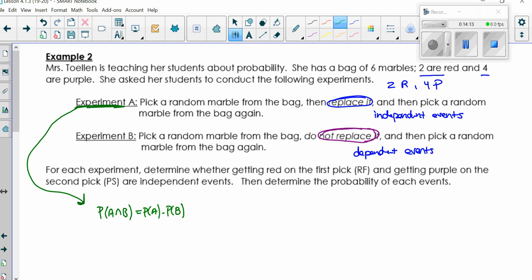Okay, so we're going to use the letters that they chose. So they said determine whether getting a red on the first pick, so red first, and getting a purple on the second pick, so purple second, equals the probability of red first times the probability of purple second.